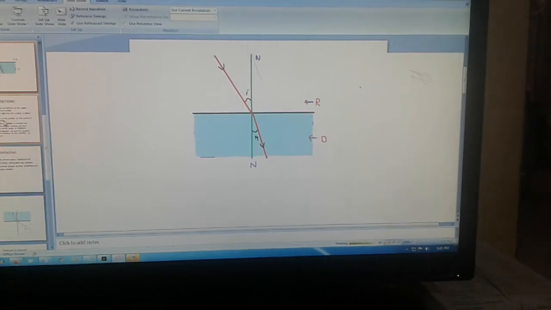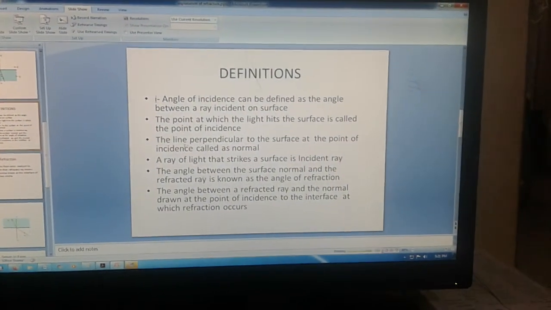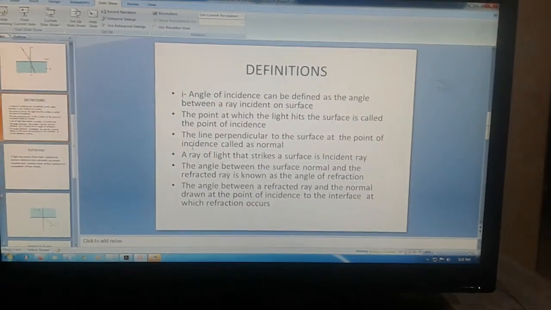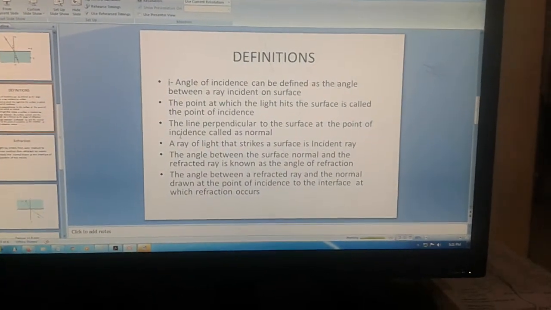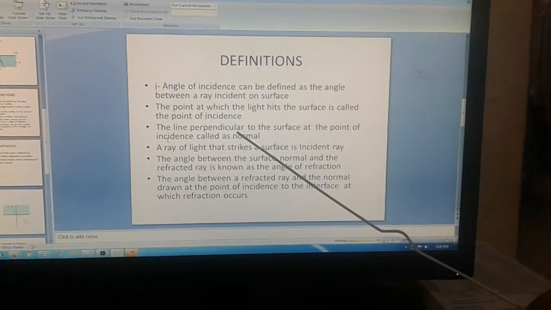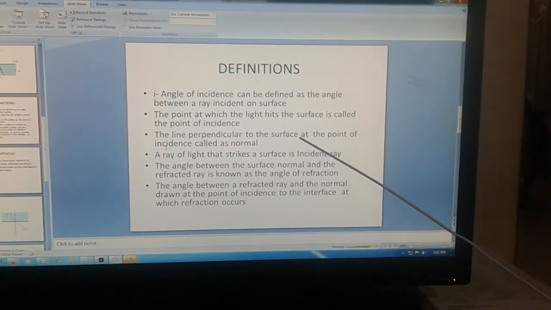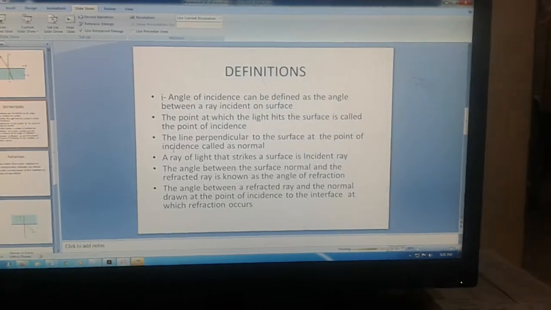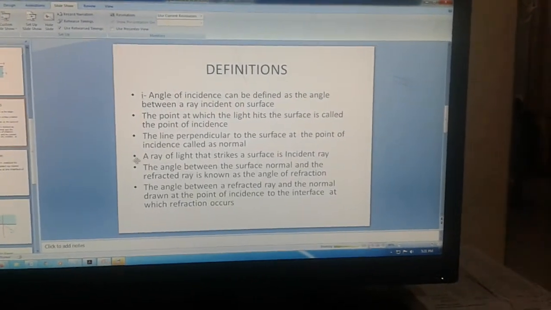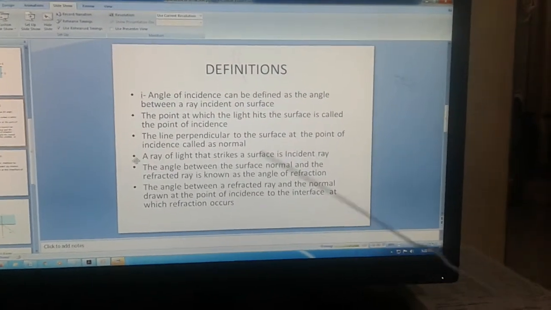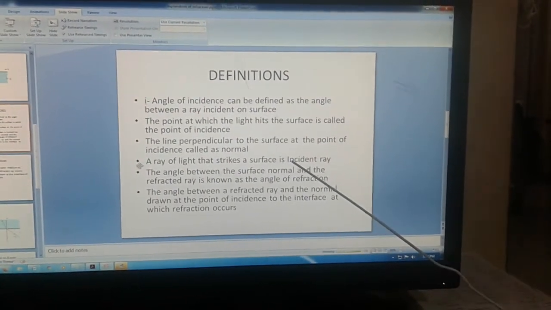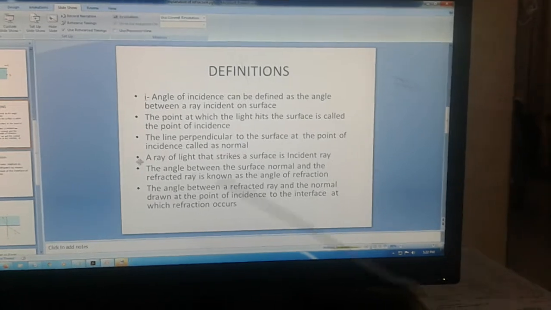Now moving back to the definitions. Next, what is normal? The line perpendicular to the surface at the point of incidence is called the normal. And the next one, what is the incident ray? A ray of light that strikes the surface is the incident ray.